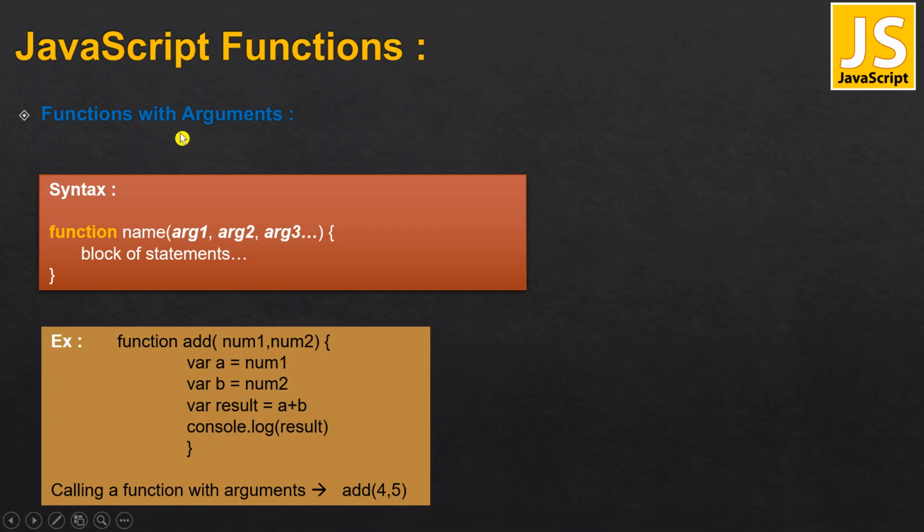So what is the use of functions with arguments? It will prompt the user to give their own desired data, that is the input, and the data will be processed with the block of statements, that is called process, and then the output will be given, that is called output, okay.